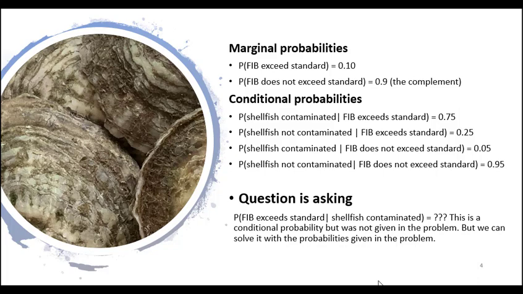The question that the problem asks is the probability that FIB exceeds the standard given the shellfish is contaminated, right? This is a conditional probability, but it was not given in the problem, right? We are asking for a kind of a flipped probability, but we can solve this with the probabilities given in the problem, either through the use of probability trees or through the use of Bayes' theorem.